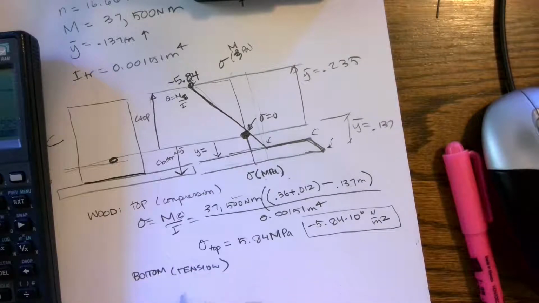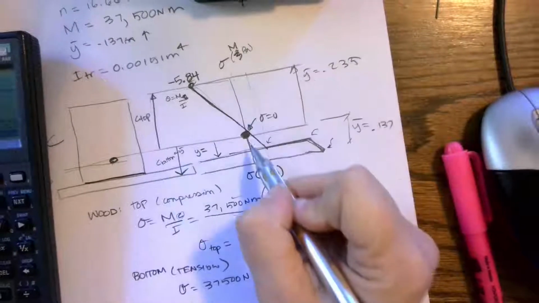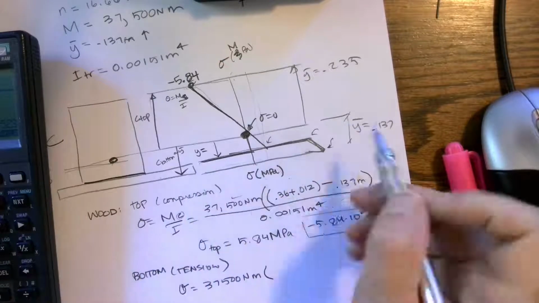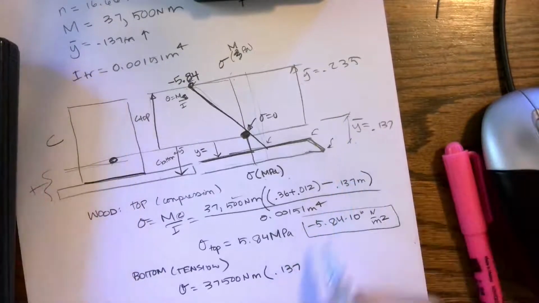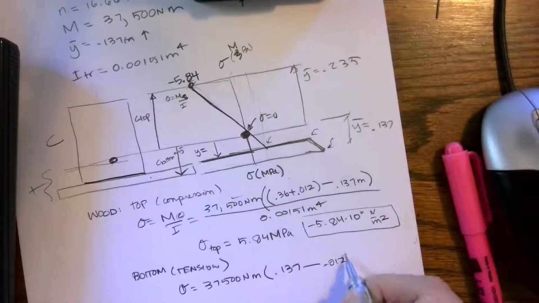It has the same moment of 37,500 Newton meters, but this time we're not going up to the top, we're not going all the way to the bottom, we are just going to that transition zone. So it's 0.137, that's my y bar, minus the thickness of this, 0.012.